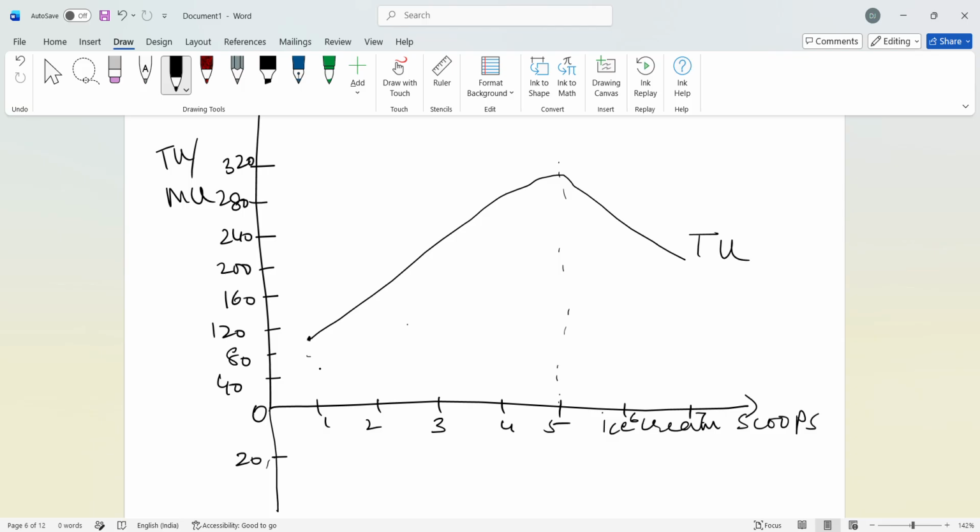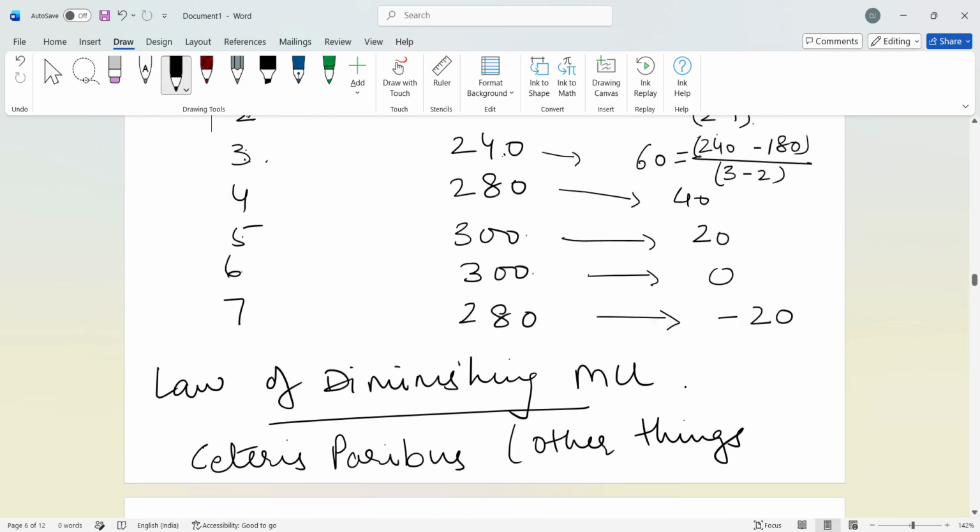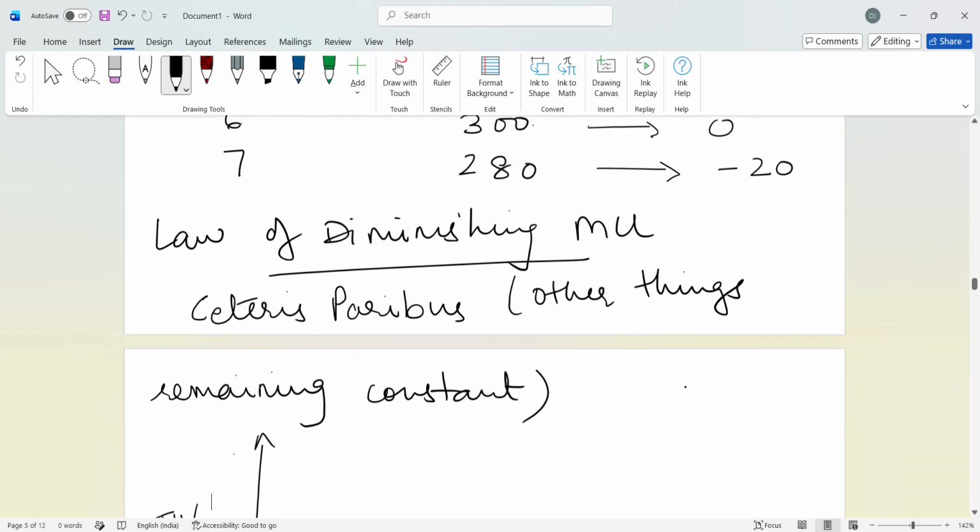And you will see that your MU graph will be something like this. At the sixth unit, the MU graph is 0, and then it goes down at the 7th to minus 20. That would be your MU graph. Fifth and sixth are both peaks, so it's 300, 300.